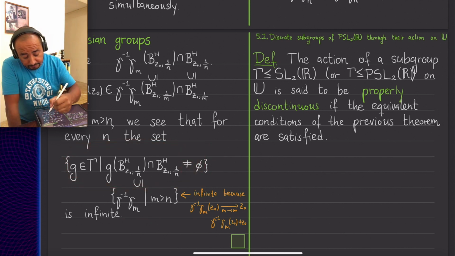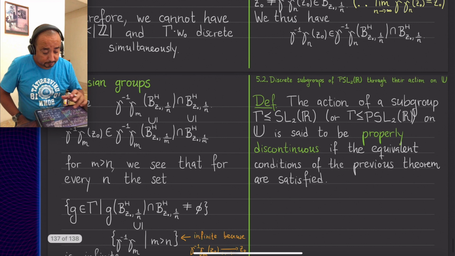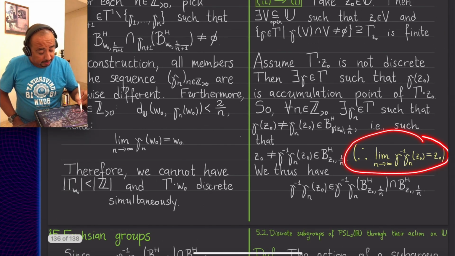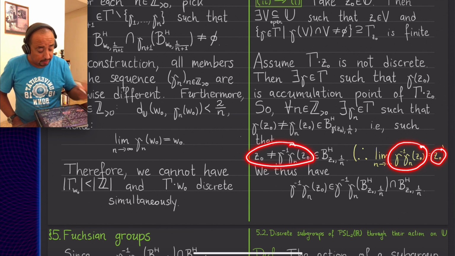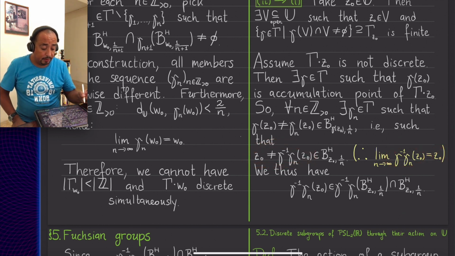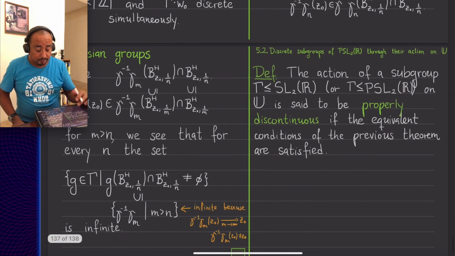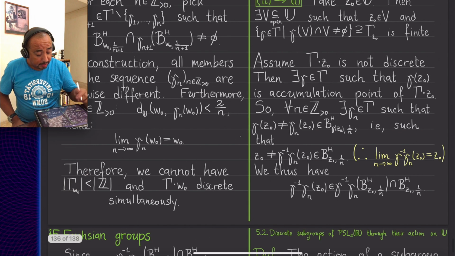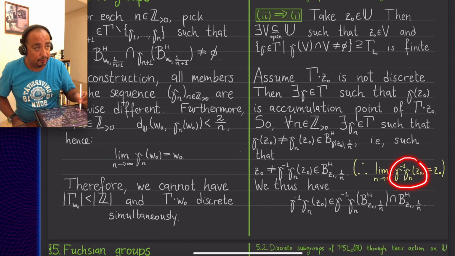Okay, but you see, this set has to be infinite. Why? Because, as I said here, the set Z0 is the limit of this sequence, which is not stationary. So this must have an infinite subsequence consisting of pairwise different points.